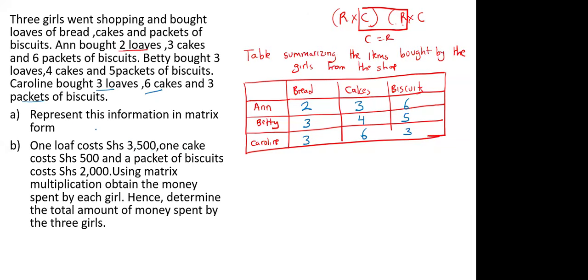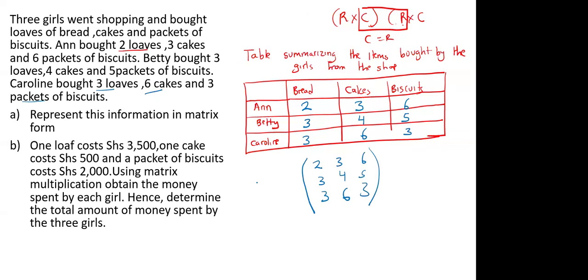After doing so, now they want us to represent this information. Now you have summarized your data very well in the table. So someone marking will know that this is bread, these are cakes, and these are biscuits. So extracting them, it's just a matter of saying, my summary of the data is going to be 2, 3, 3, 3, 4, 6, 6, 5, 3.